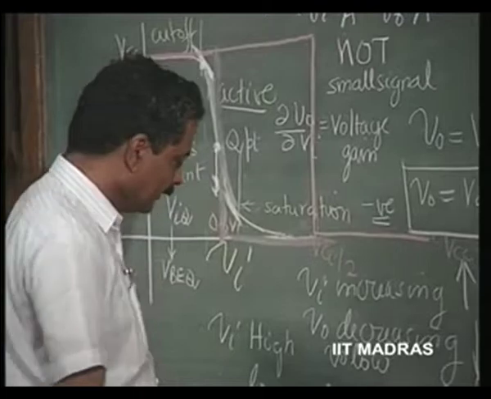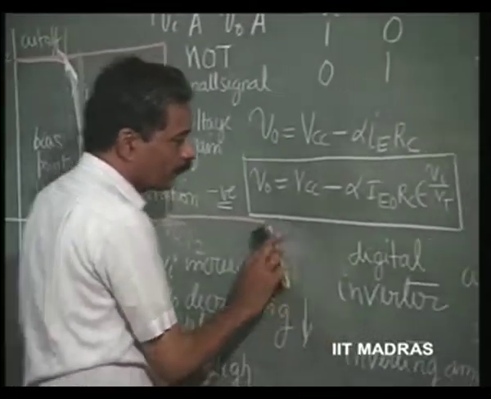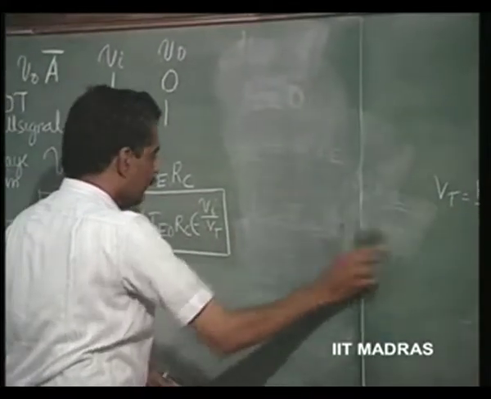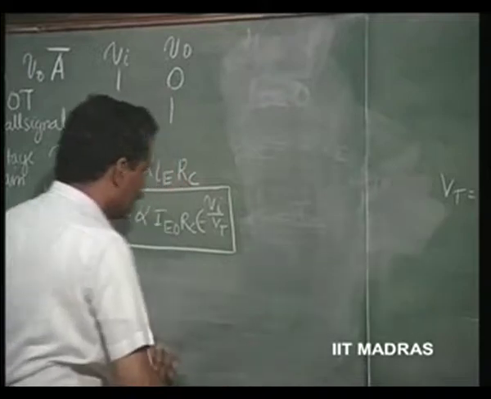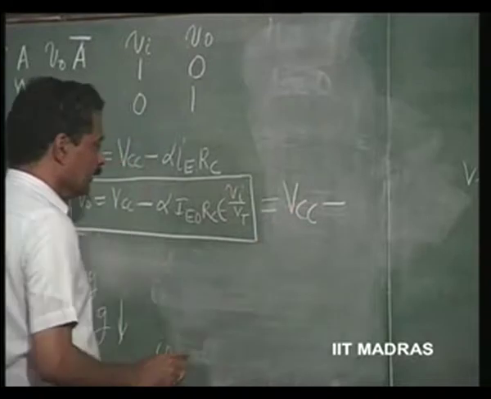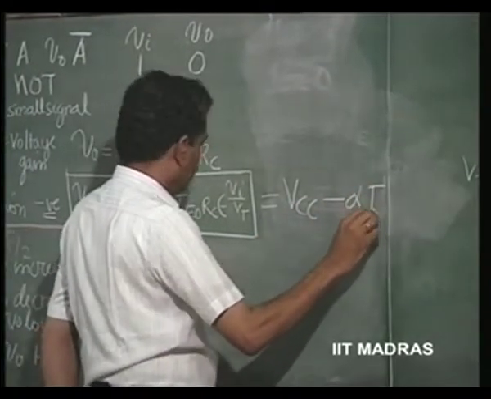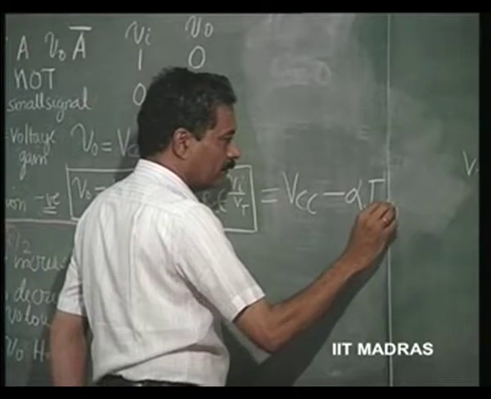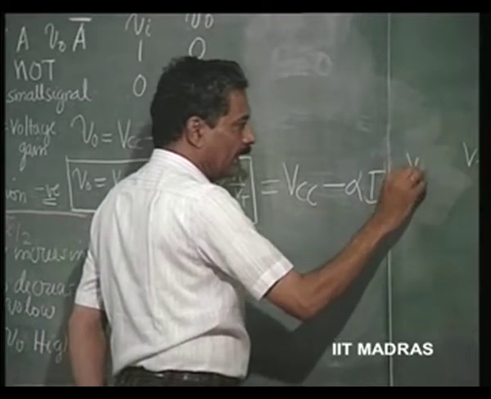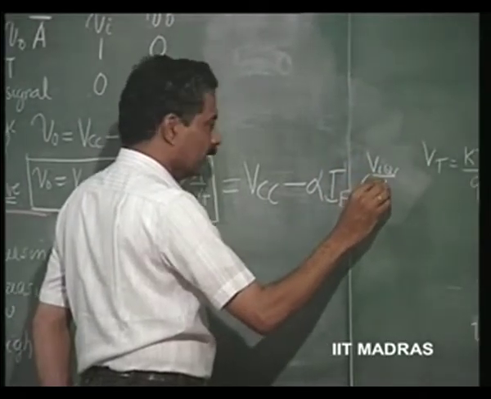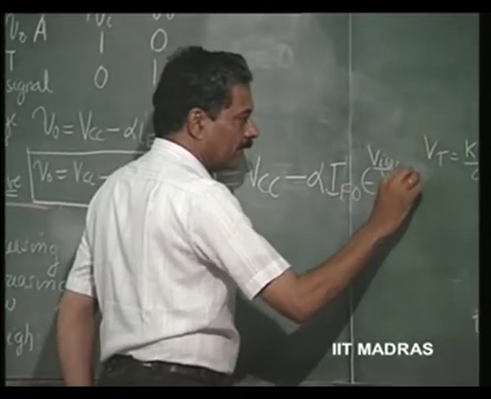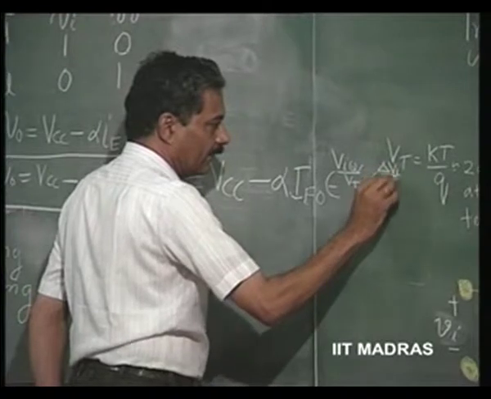So, if we do that, then we saw that this equation can be rewritten as VCC minus alpha IE naught exponent VIQ by VT into exponent delta VI by VT.